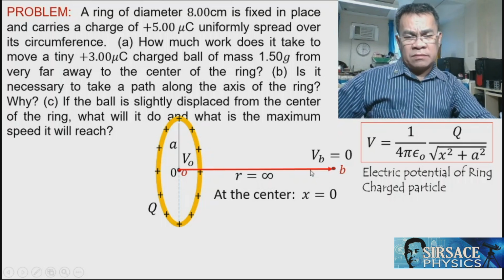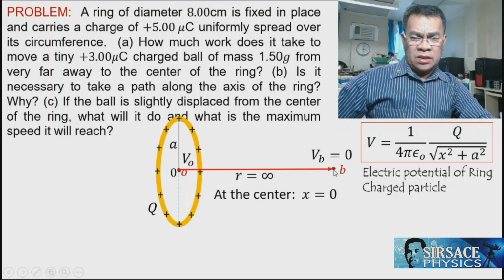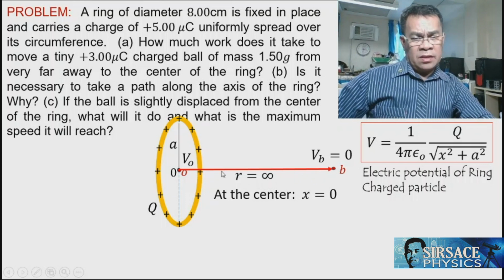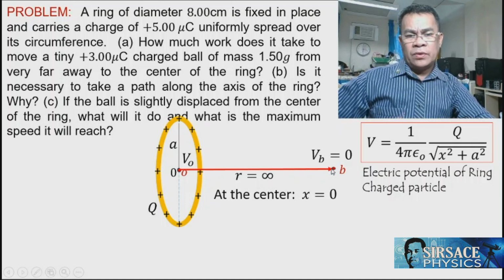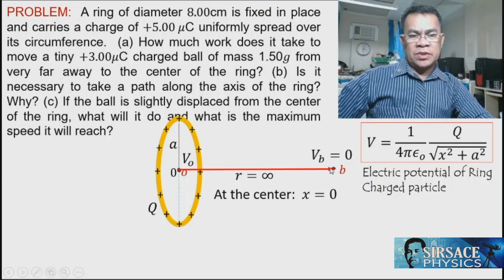Take note that when you look at the situation, this is against the force. Why? Because the charge is positive, and for a positive charge the force is radially outward. So if you want to move the charge from point B towards point O, located at the center of the circle, then you must exert a force on it, because this is against the electrostatic force.